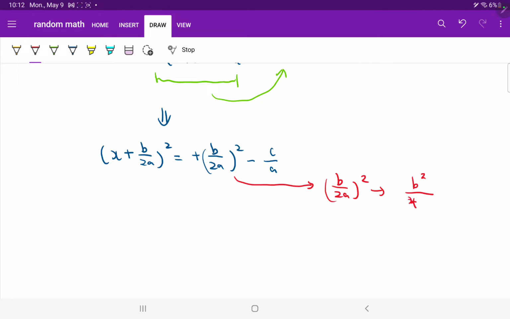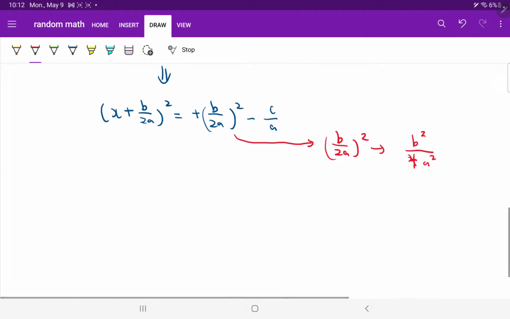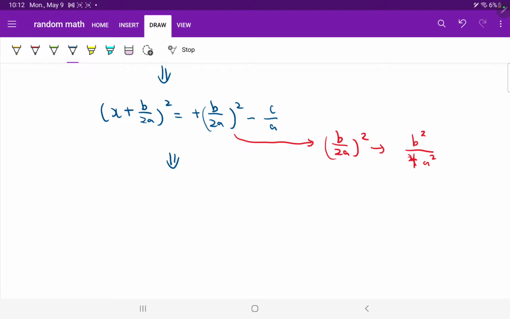And you want to square the a, which then becomes a squared, right? So let's rewrite our equation in a more complete form. This will become x plus b over 2a squared equal to b squared over 4a squared minus c over a, right?